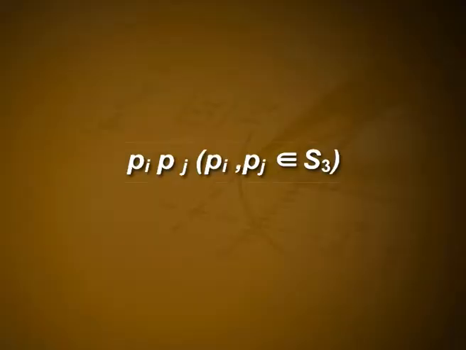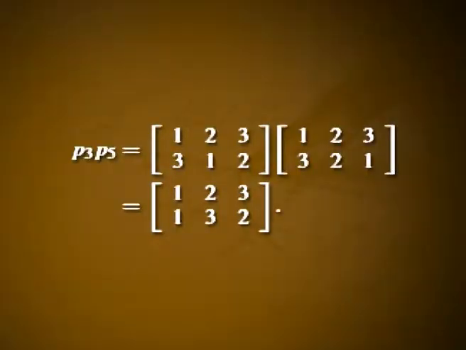There is a natural binary operation star which can be defined on S3, that of composition of functions. Thus, Pi star Pj, where Pi, Pj belong to S3, denotes composition of the bijections Pi and Pj in the order Pi followed by Pj. For example, P3 star P5 is equal to 1, 2, 3 mapped onto 3, 1, 2 followed by 1, 2, 3 mapped onto 3, 2, 1.